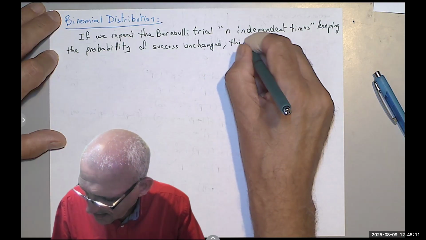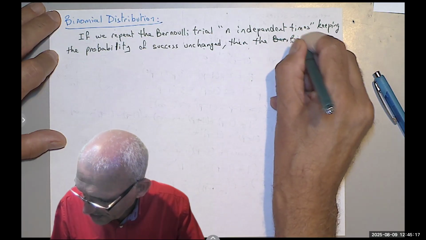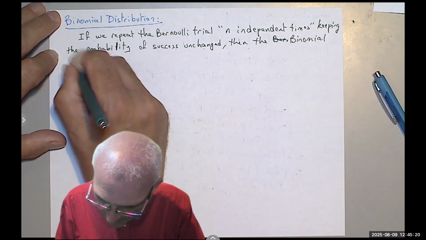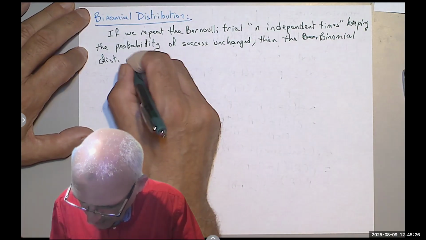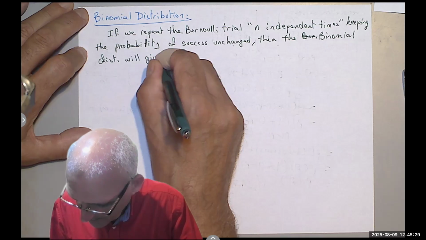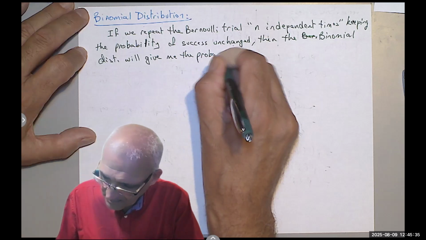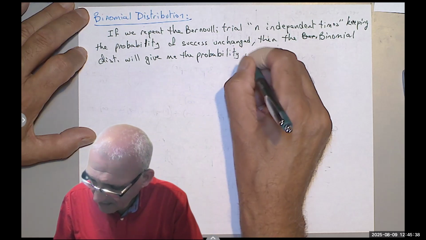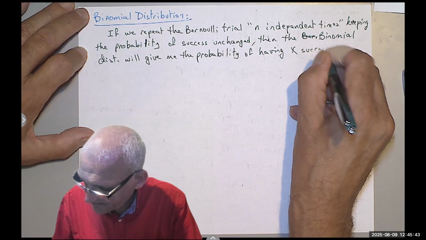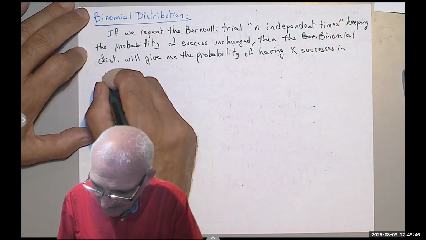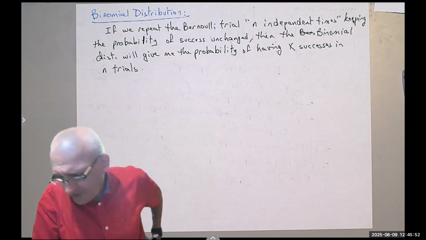Then the binomial random variable will give me the probability of having X successes in n trials. Wow, that's a long way to say it.